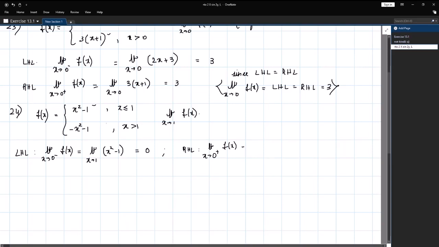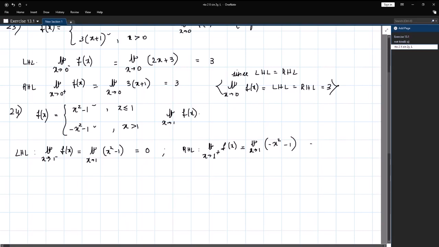So we have the right hand limit, limit x tends to 1 plus of f of x. We have to use this equation, limit x tends to 1 of minus x square minus 1.